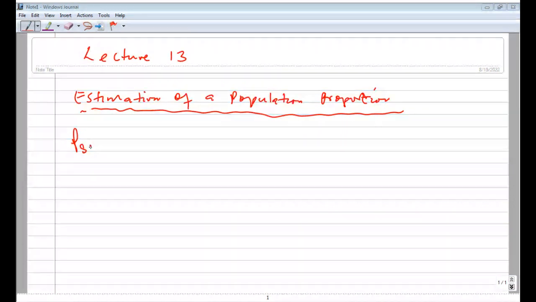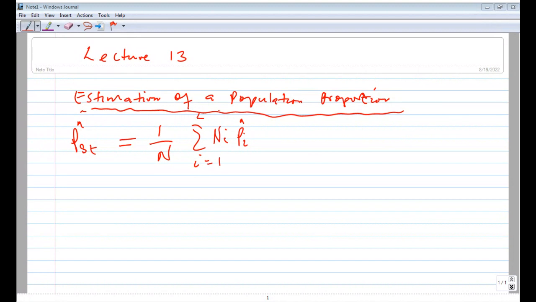You use P_st estimate, which shows that you are estimating the population proportion under stratified random sampling, and it is given by 1 over N, the summation of Ni pi hat, where i is ranging from 1 up to L. The capital letter N is the population size, capital letter Ni is the population size for each stratum, and pi hat is the estimated population proportion for each stratum.